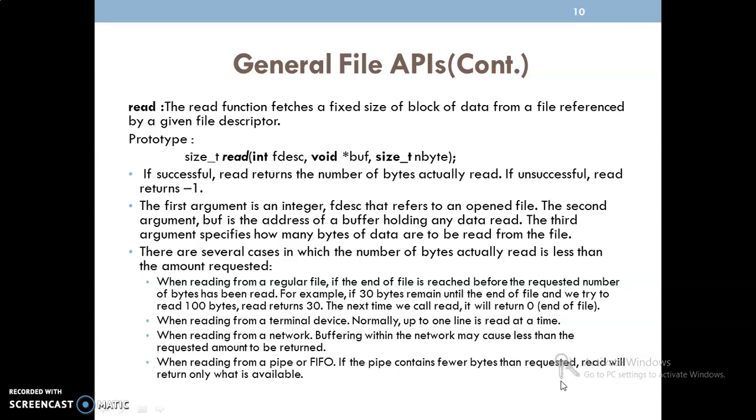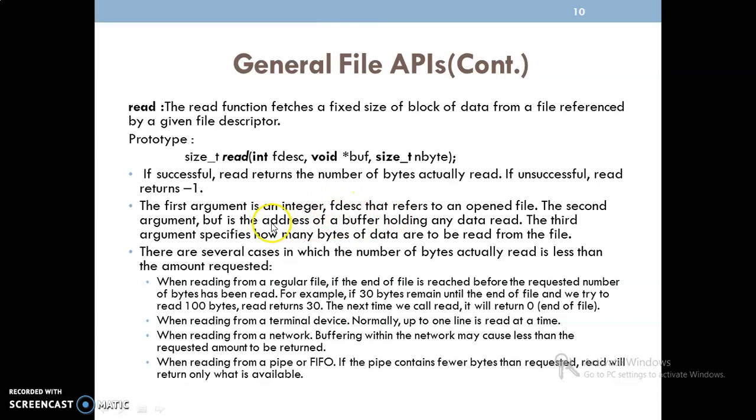Here, the first argument is a file descriptor, the second is the buffer, and the third one is the byte count. The file descriptor is an integer value that exists in the file table. Based on that only we are retrieving the file. I already highlighted what we mean by file descriptor.